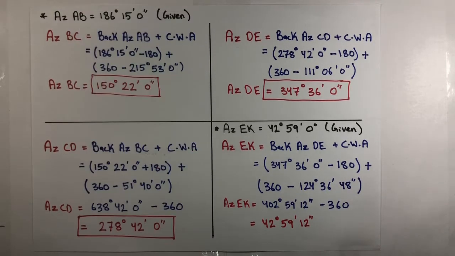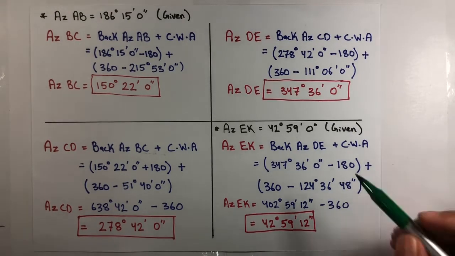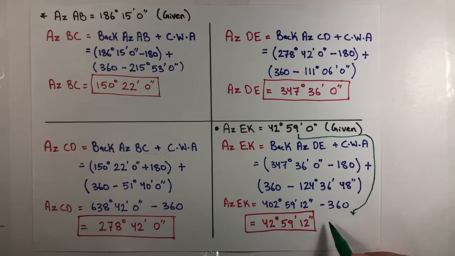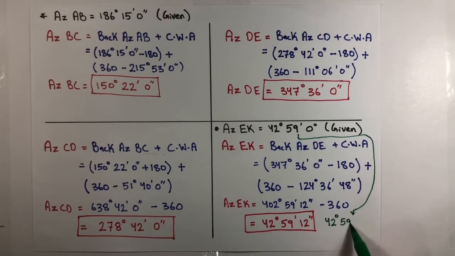Okay, so now comparing this result we got here with the azimuth given in the question written in black, let's pull it down here. Comparing those results, we can see that those values are not equal, which means that we have some errors.